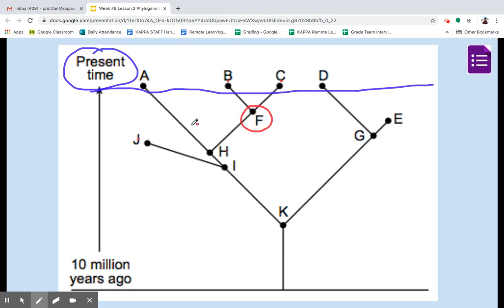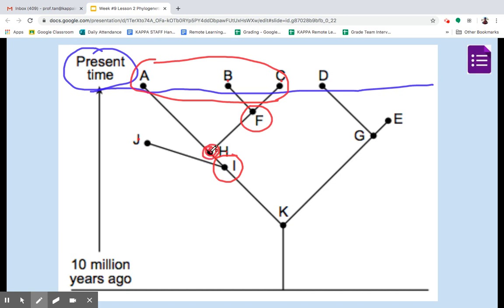What would be the common ancestor of J and H? That would be I. Okay? And what is the common ancestor for A, B, and C? A, B, and C are all connected by H.